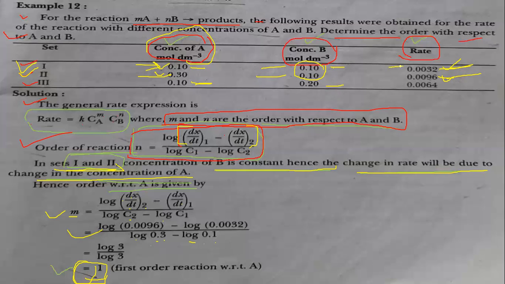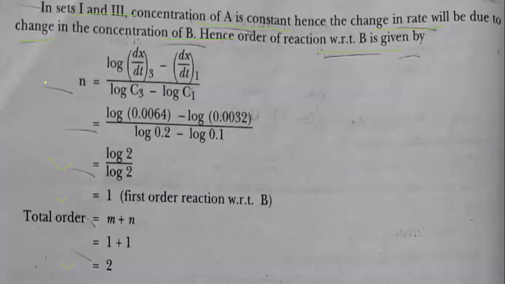So we are considering these two rates: this rate minus this rate, log of this minus log of this value, upon log of this value minus log of this value. See, here it is: dx upon dt3 minus dx upon dt1, log of C3 minus log of C1.